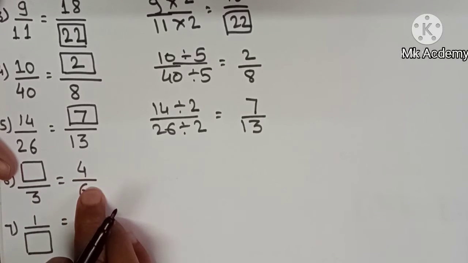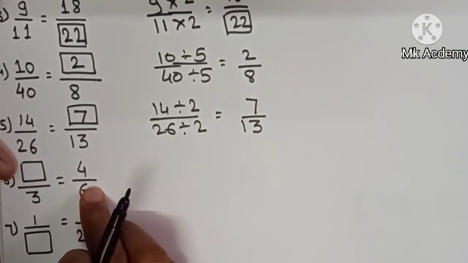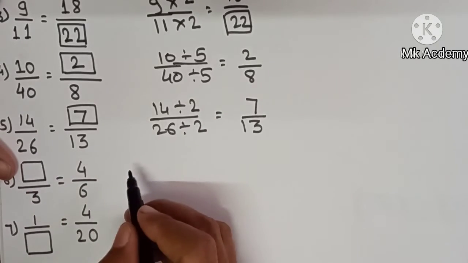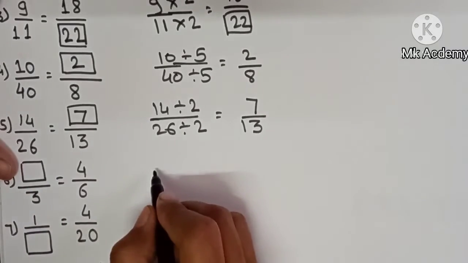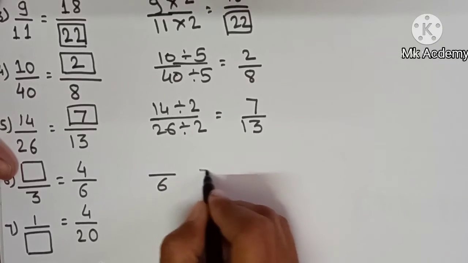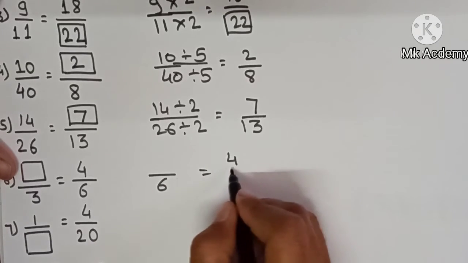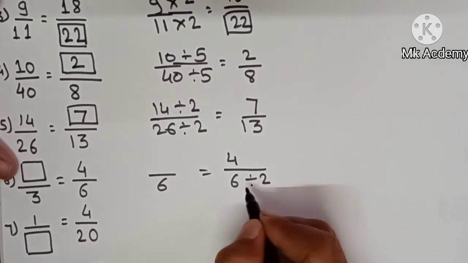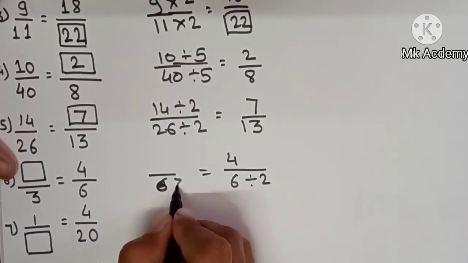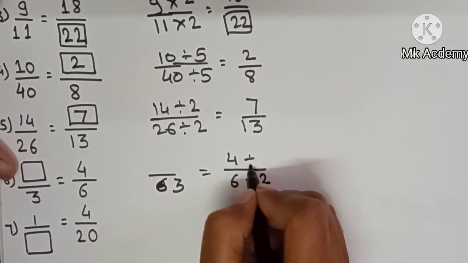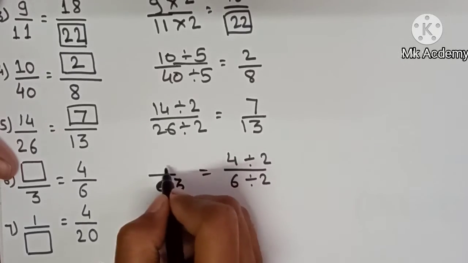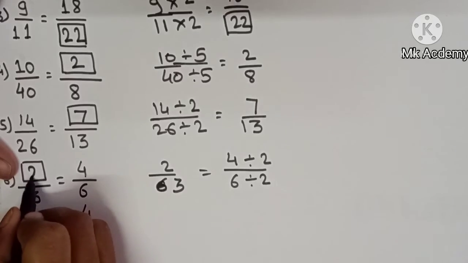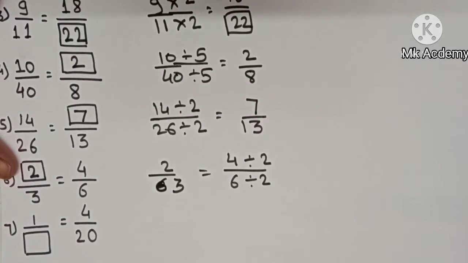This fraction is bigger and this one is smaller. Therefore we have to divide. If we divide 6 by 2, we get 3; 2 3s are 6. Now the numerator we also divide by 2. 2 2s are 4. Means in the box we have to write down 2.